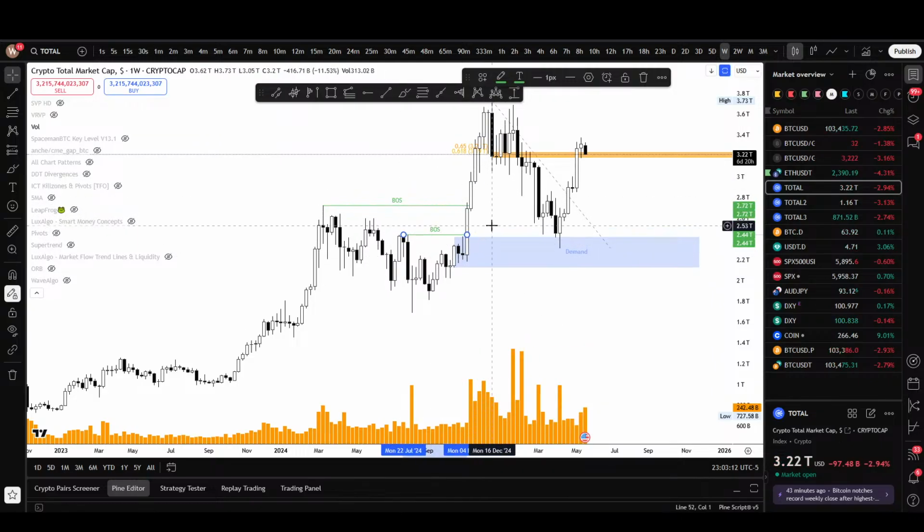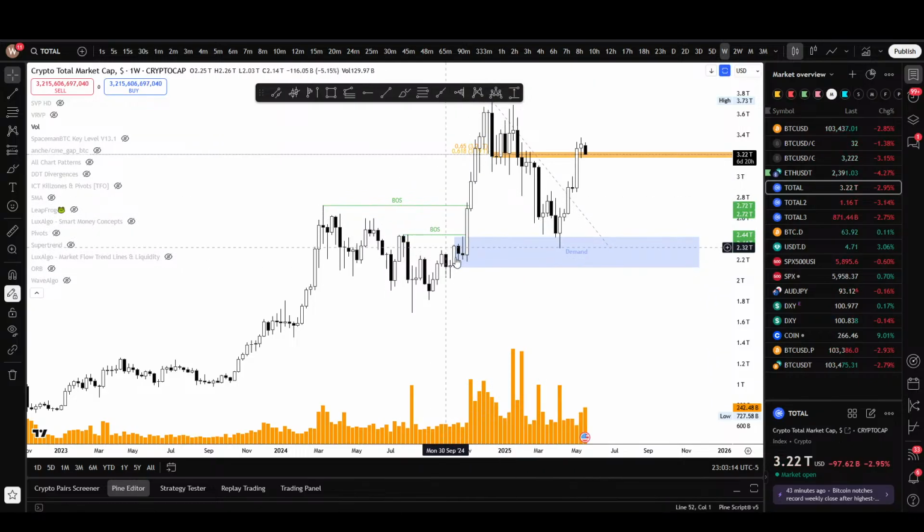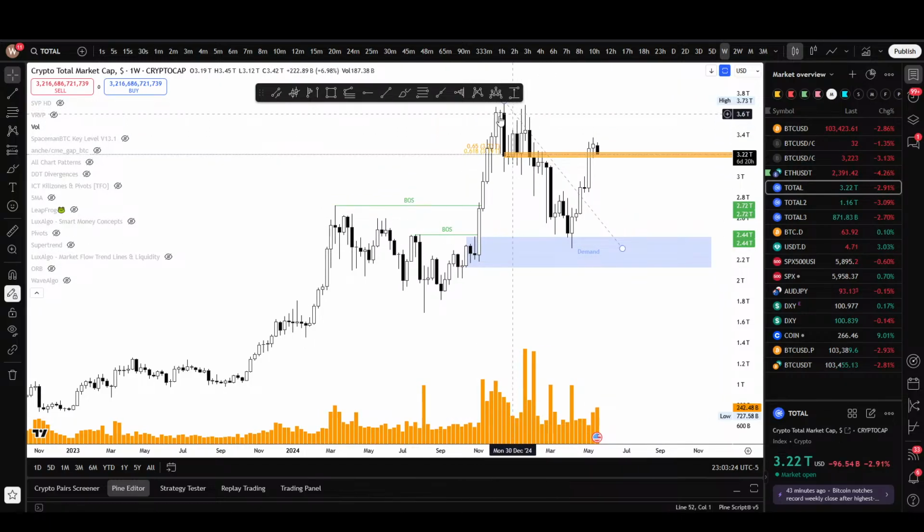And then what happened, this is called a decision block. It's the last block of demand before we break structure. So what happened on total is the price broke structure on the weekly, came up, put in a lower high, broke structure to the downside, came back to test the decision block where we spent the most time right before the breakout, bounced off the decision block, and is now coming back up.